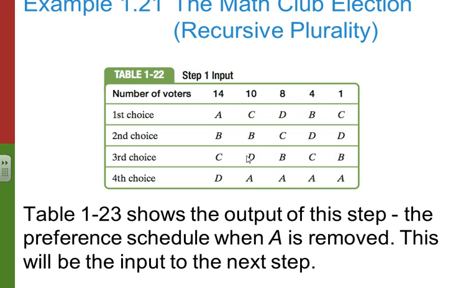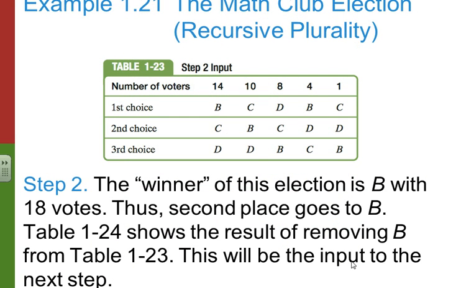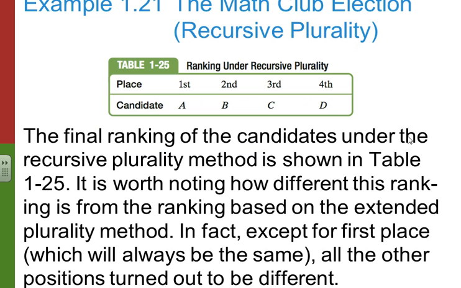With B eliminated, A and B both eliminated, it looks like maybe C would win. But what we do is we write that down to see what it looked like. All right, so now B wins. All right, that's fine. And now C wins, and then D would come in last. A, B, C, and D.